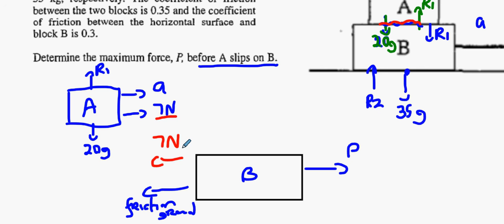Once again, B has R2 going upwards, and it also has R1. Now R1 is balanced with 20g. So when I say R1 acting downwards on it because of A, it's actually carrying all 20g.